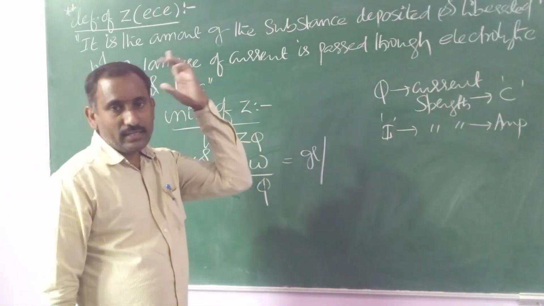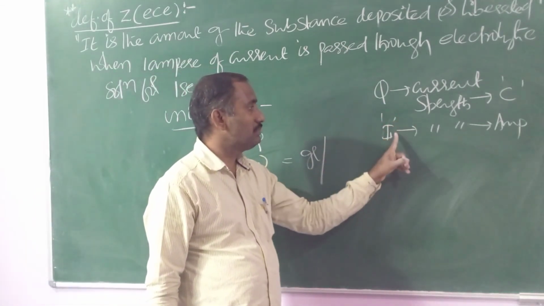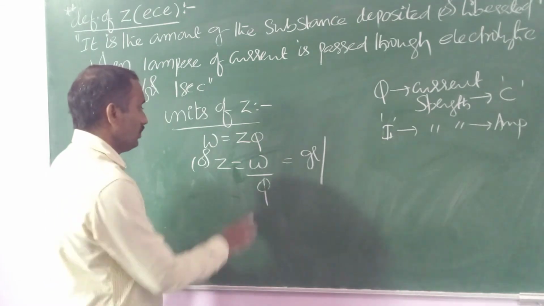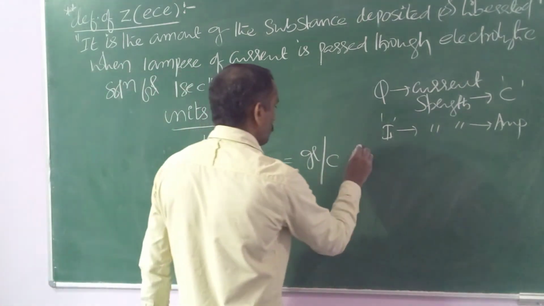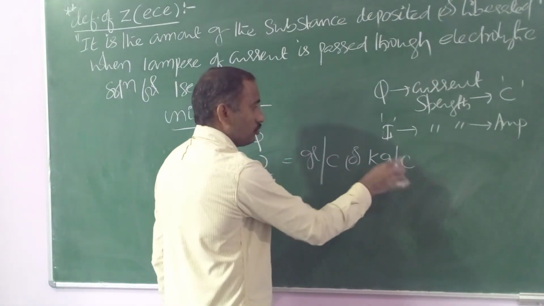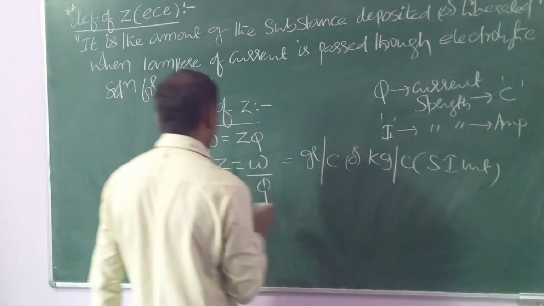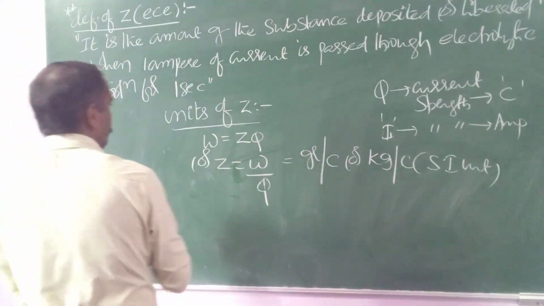So Q and I both are units for current strength. Q means coulombs, I means amperes. So gram per coulomb or kg per coulomb. Kg is the SI unit, coulomb also SI unit.